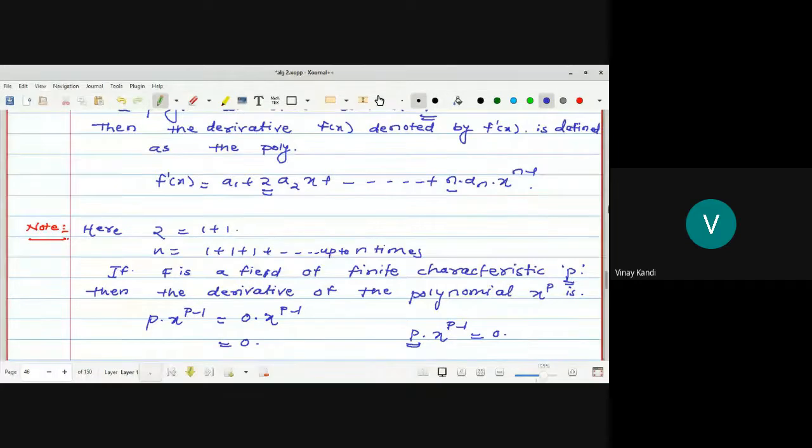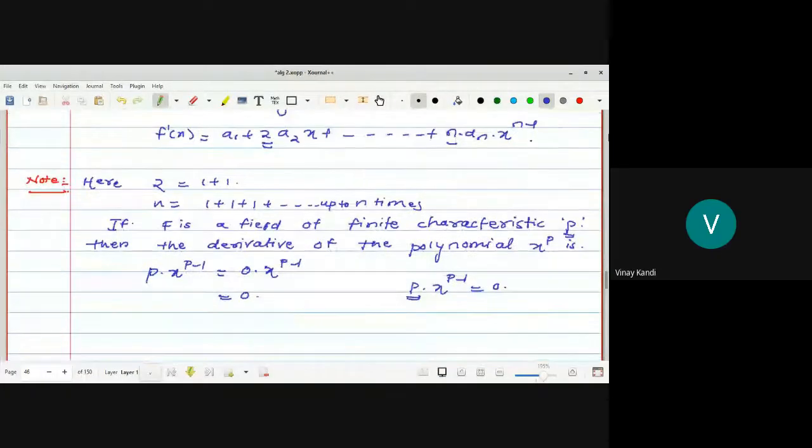What is the result of this one? The field is of characteristic p, so this implies the characteristic of the element 1 is p.